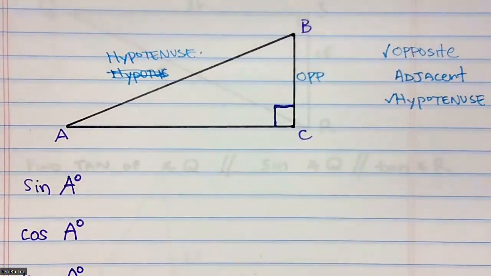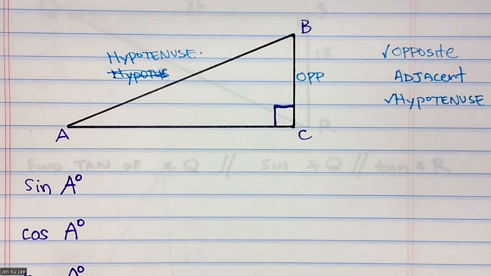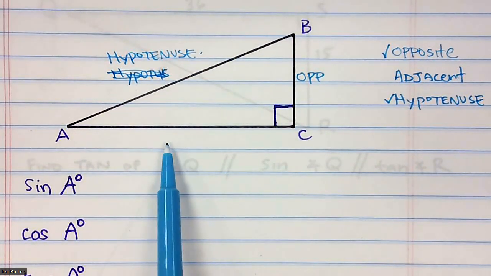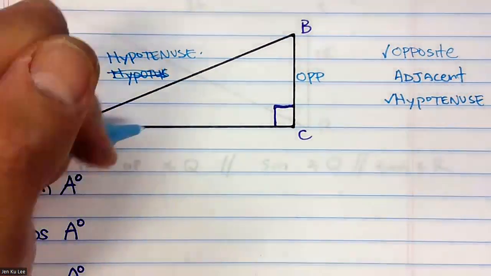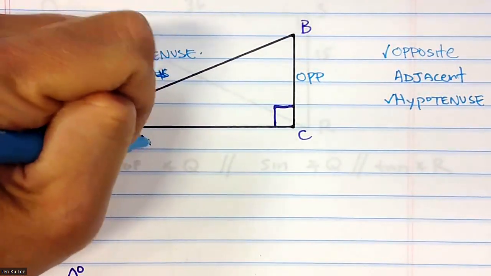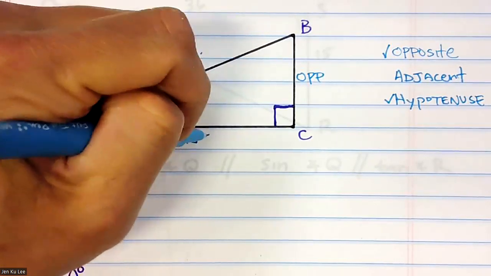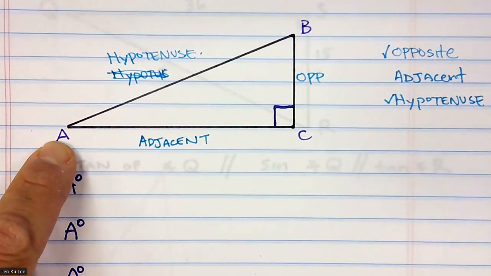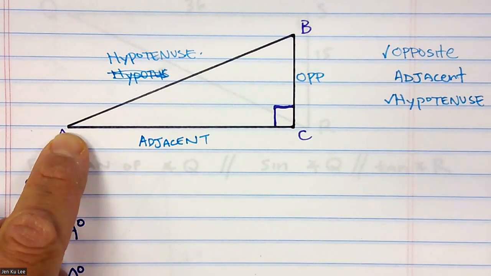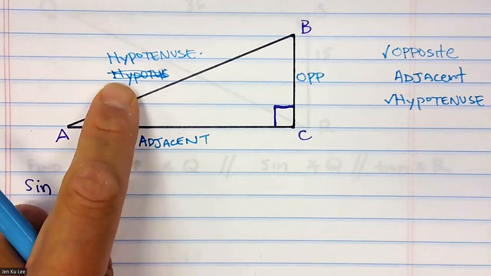You guys don't know that yet. And here, this last side is my adjacent side because it's next to my angle A. Okay, it's next to my angle A, but it's not the hypotenuse.